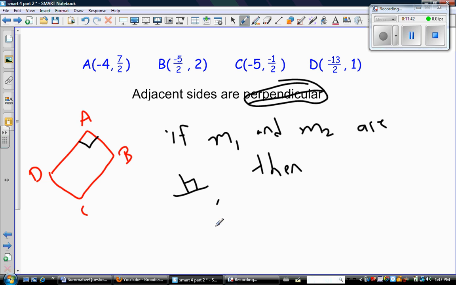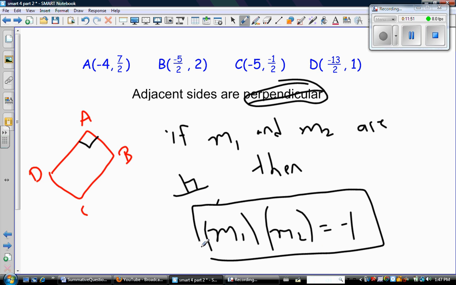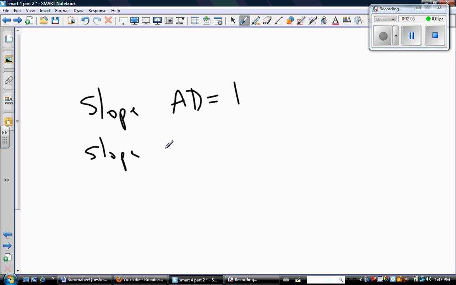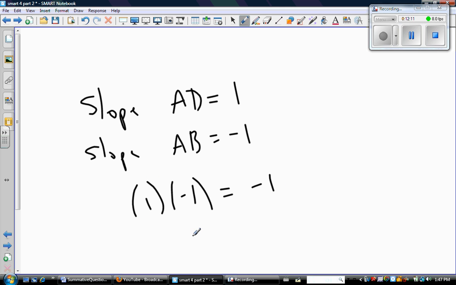So the other definition, where M1 times M2 equals negative 1, is actually how you want to verify that two slopes are perpendicular. The slope of AD was 1. The slope of AB was negative 1. And 1 times negative 1 equals negative 1. Therefore, AD is perpendicular to AB.